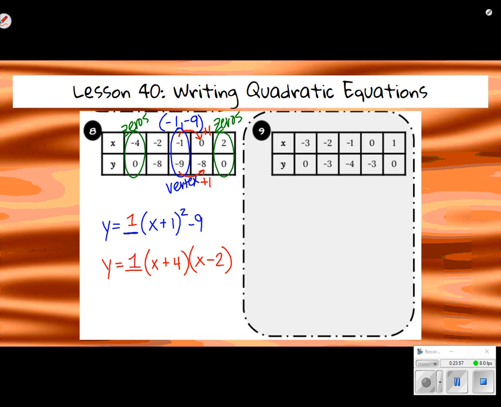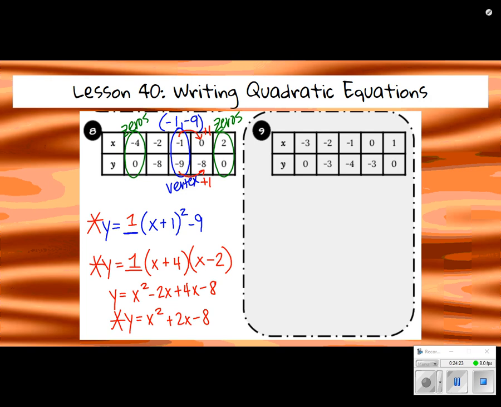And you can multiply these through and get x squared minus 2x plus 4x minus 8, or x squared plus 2x minus 8. So you have 3 different formats that you could have your final answer written in, and we're going to check all of them in the graphing calculator.